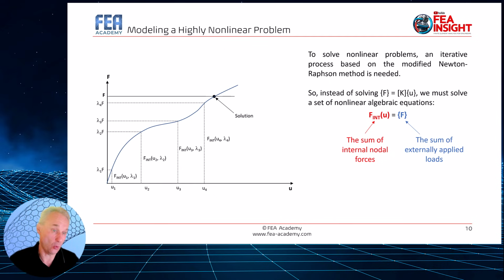So it is what you see here on this graph on the left, where the horizontal axis represents the displacement and the vertical axis represents the applied load. Here, this blue curve is your load history. And here, this point is the solution you are looking for.